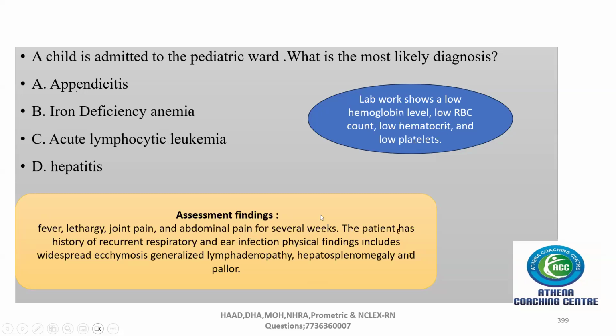The patient looks pale, and on lab results, hemoglobin level is low, RBC count is low, hematocrit is low, and the platelet is low. What could be the supporting diagnosis? Lymphocytic leukemia. You all can drop your answer in the chat box.